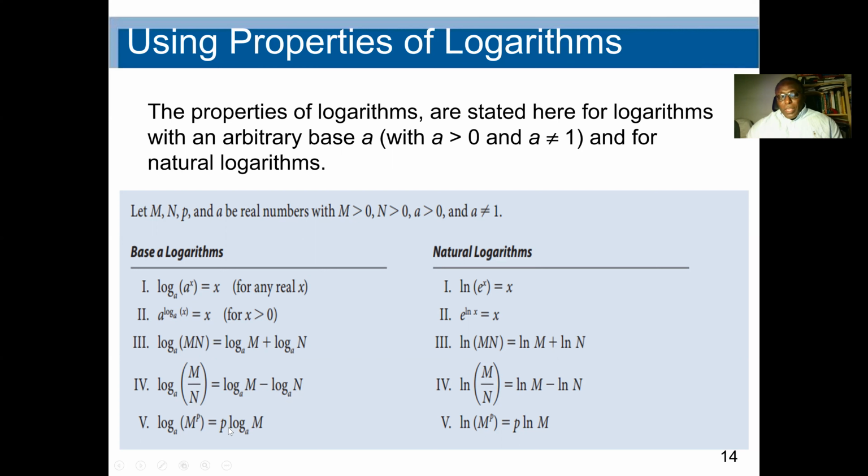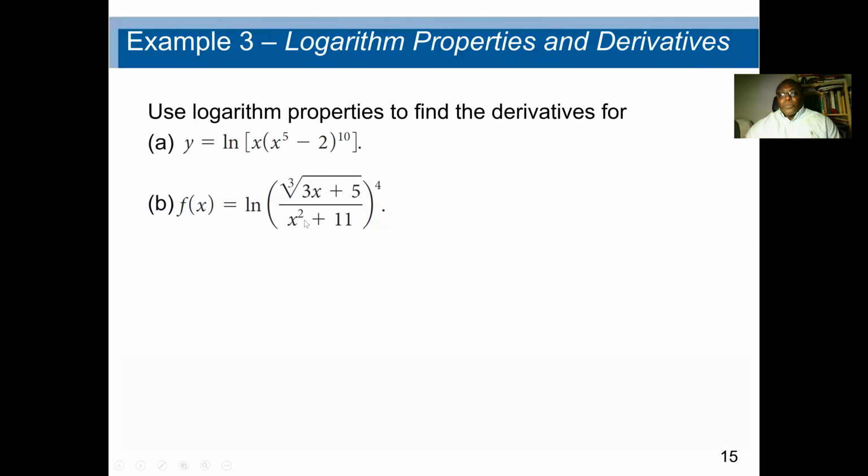So here we get p log base a m. And the natural log form also is the same as the log base a form. The only thing is that for natural log, the base is e. So we can use this property sometimes to simplify the log function before we find the derivative.